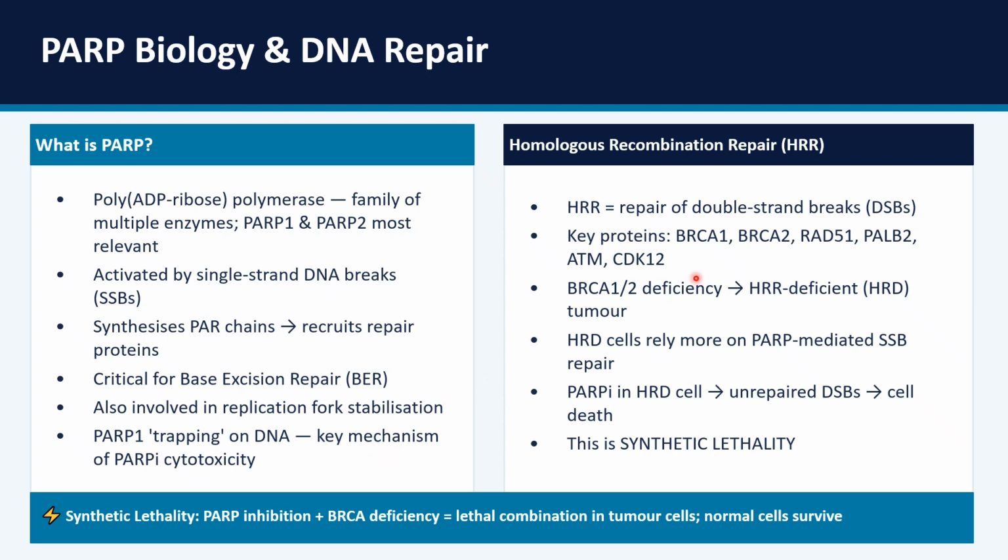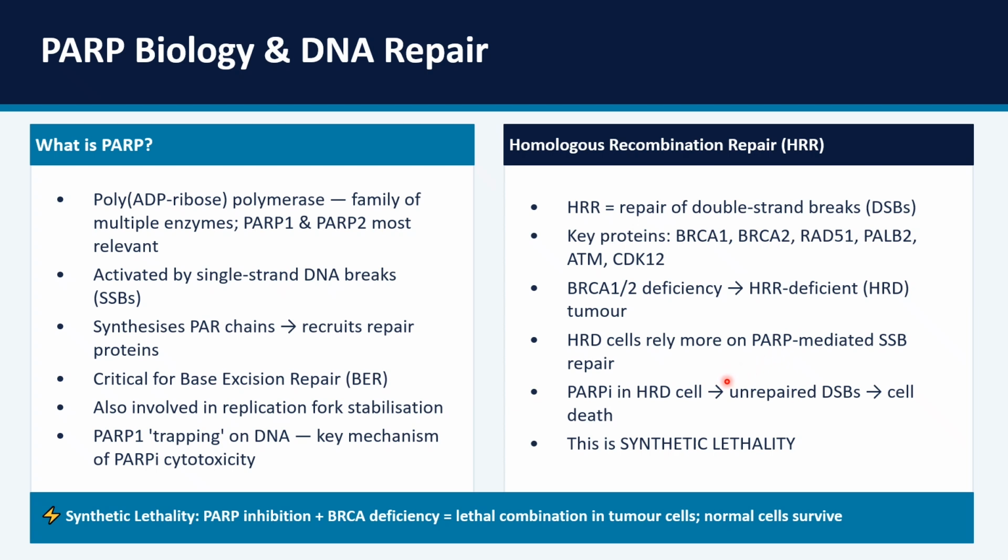Regarding homologous recombination repair, this uses multiple enzymes like BRCA1, BRCA2, RAD51, PALB2, ATM and CDK12. When there is deficiency of BRCA1 or 2, we call those tumor cells HRR deficient or HRD tumors.